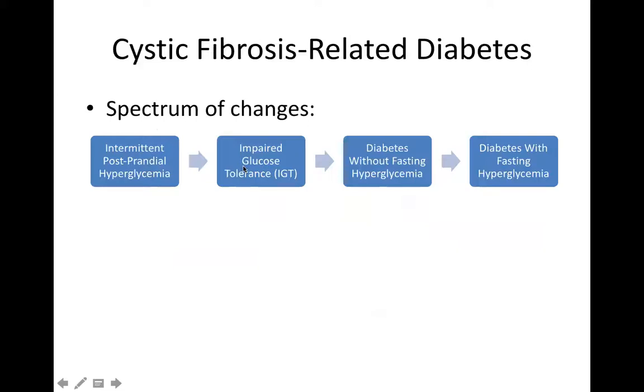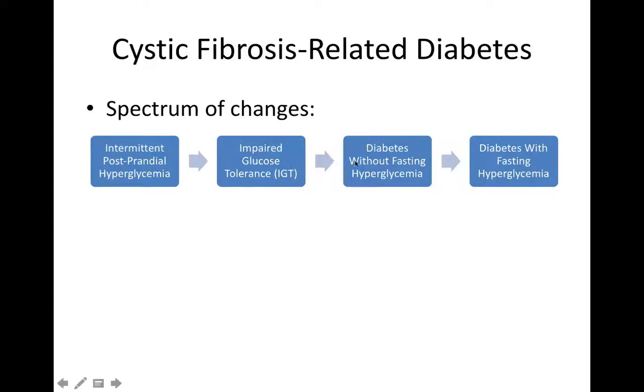That is detected by an oral glucose tolerance test with a 2-hour blood sugar of greater than 140. So even before that happens though, you're having a spike of blood sugar after you eat, and that can be detected on a 1-hour blood sugar on an oral glucose tolerance test, which not all institutions are doing because it's not part of our current guidelines yet.